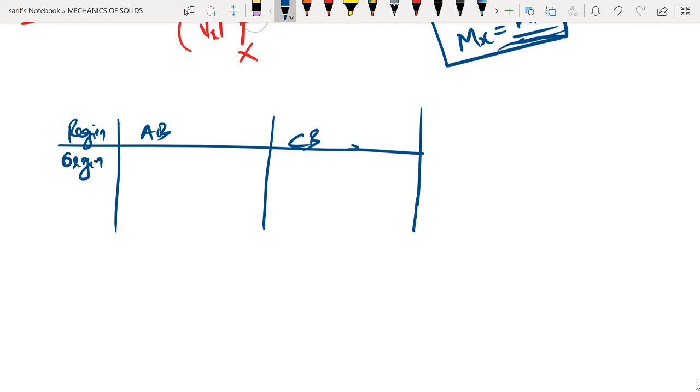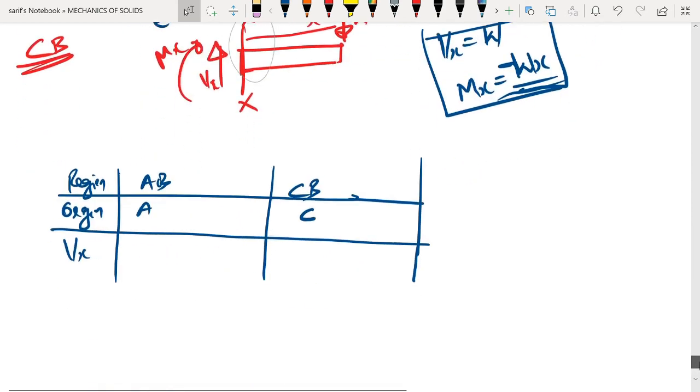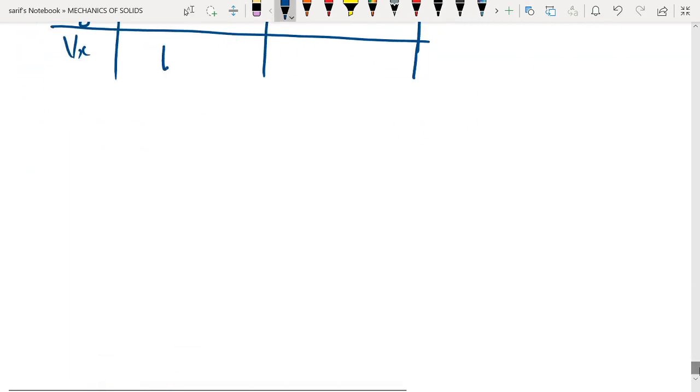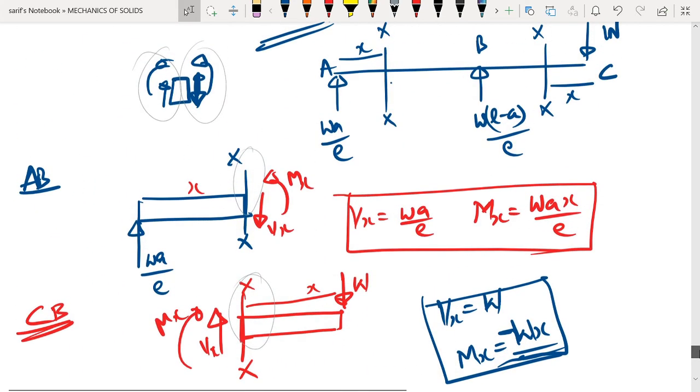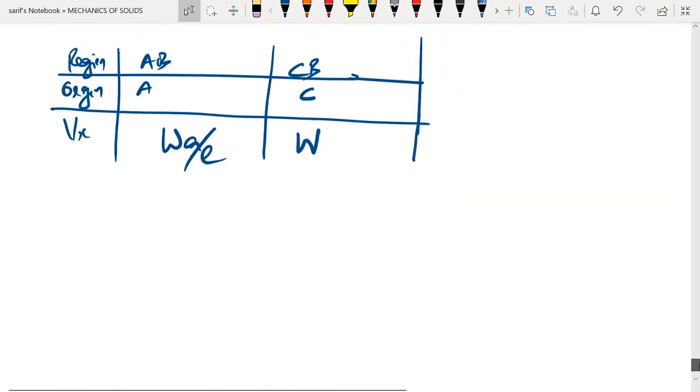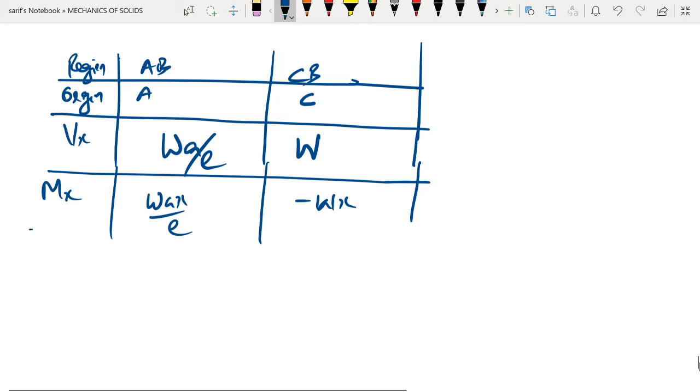Next is the origin: here A is the origin and here the origin was C. Next are the expressions for Vx: the first one was Wa by L and the second one was W. And the expression for Mx is Wax by L, and this was minus Wx.